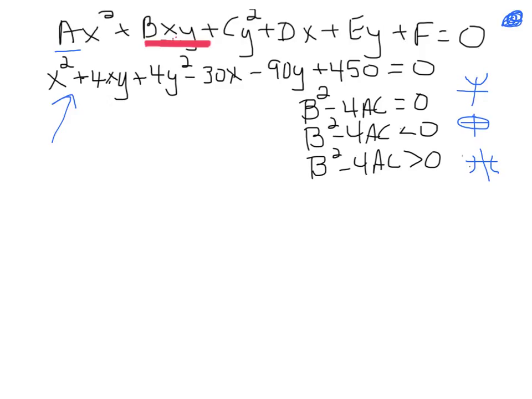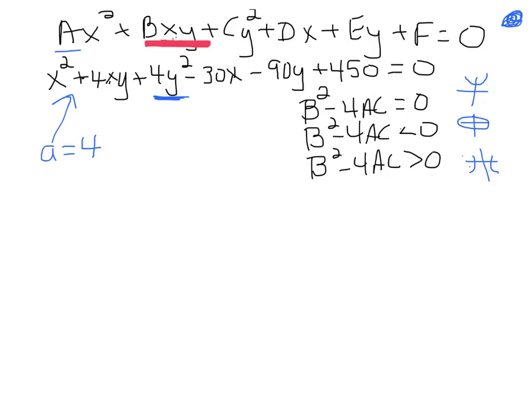If we look at our y squared term, we can say that our a is actually equal to 4. Next, we need to find the coefficient of the linear term.